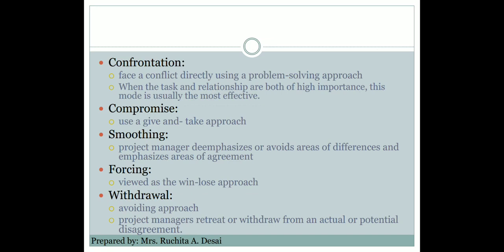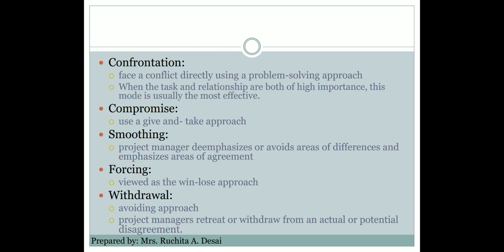It is best used when the relationship is of high importance and the task is of low importance. Because the relationship is important, they avoid some differences and just consider the agreements, and the task is of low importance.